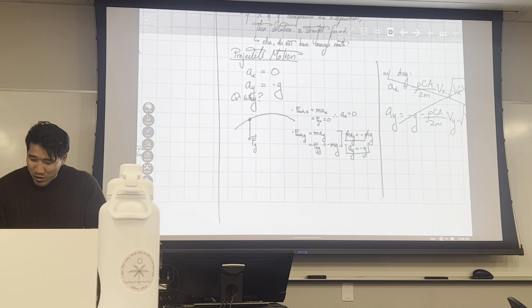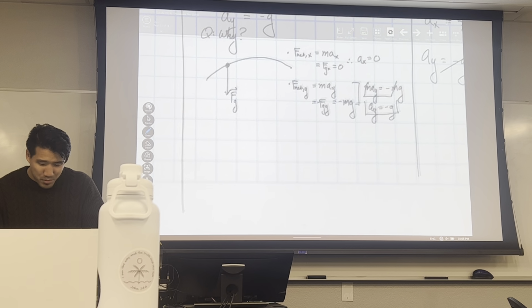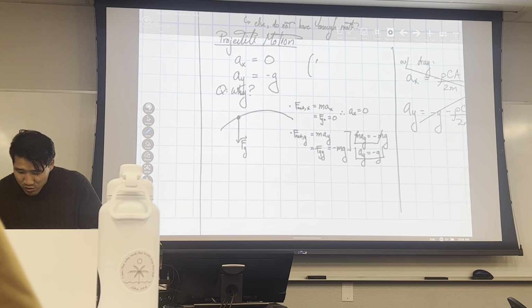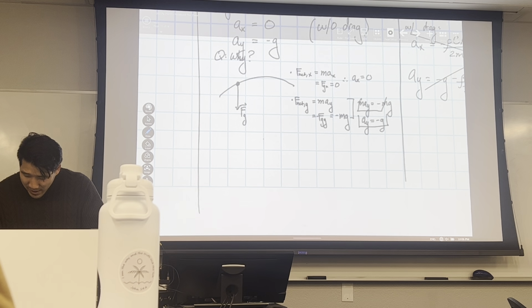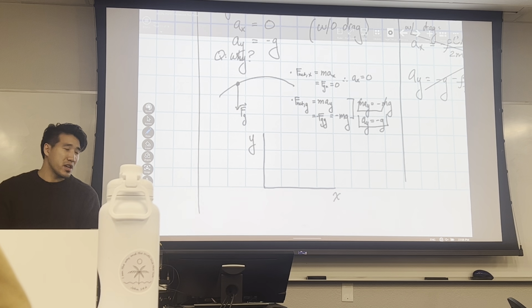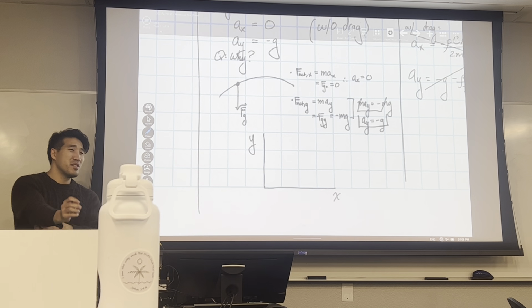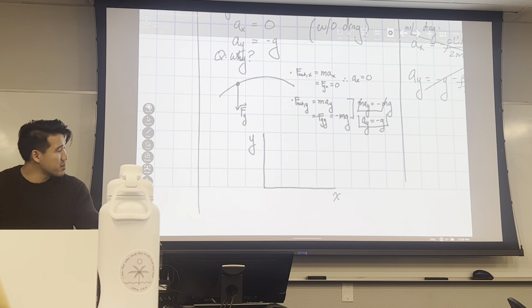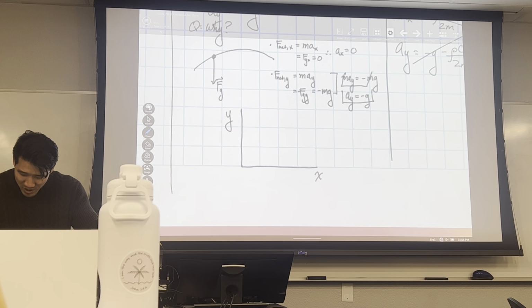So this is where you should start writing down again. This is without drag. Now if we were to draw our trajectory, this is taking one of the midterm questions. To go the maximum distance, you want to launch it at 45 degrees.